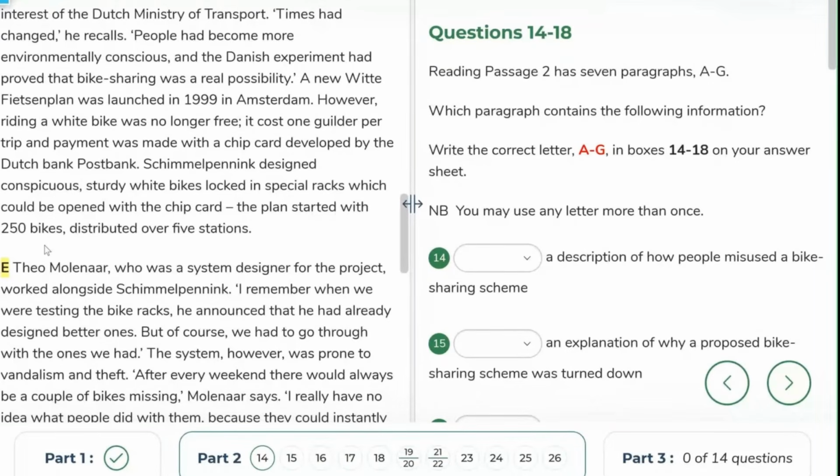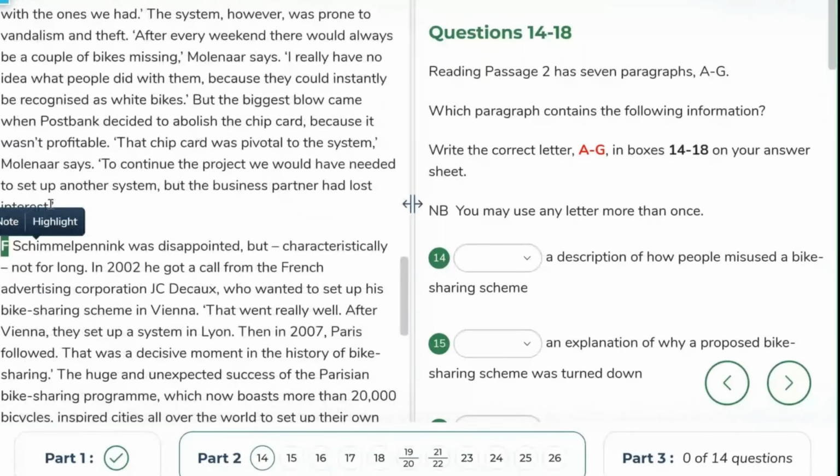For true, false, and all other types of questions, answers are in order, but for which paragraph contains the following information, and for list of headings, they are not in order. Anyways, I'm just highlighting it, but you don't need to, it's already clear, right? I'm just playing with it.